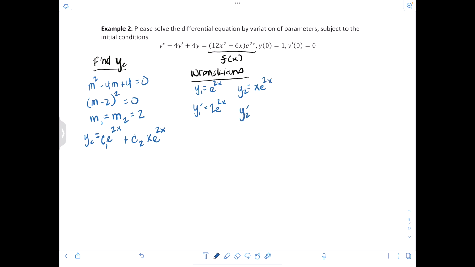And y2 prime is 1e to the 2x plus 2xe to the 2x. So y2 prime, if you factor out that e to the 2x, you're going to get 1 plus 2x remaining.